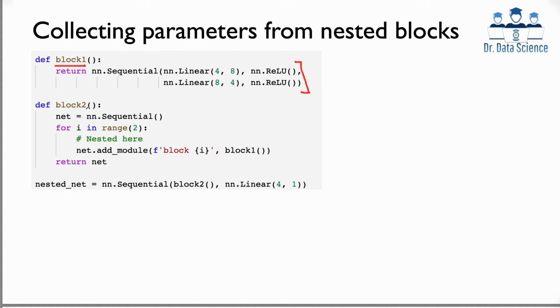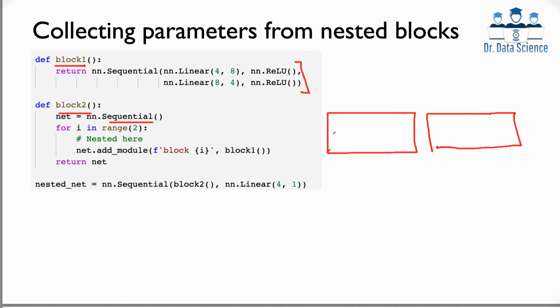Then for block 2, again we are using a sequential layer, and now we are putting 2 of these block 1s together. So we have this block 1, and then another block 1 here. Remember that each of these also contains 4 layers: linear, ReLU, linear, and ReLU.